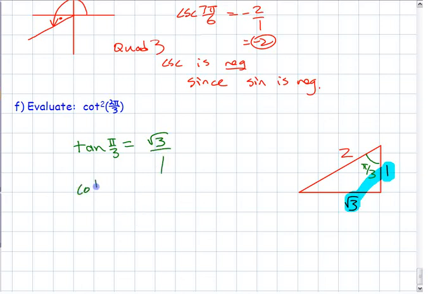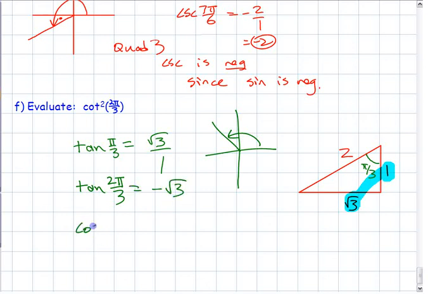So cotangent of, well, let's take our 2 pi over 3 first. 2 pi over 3 is in quadrant 2, over here. Since we're in quadrant 2, we get negative for tangent. If you want what cotangent of 2 pi over 3 is, it's going to be negative 1 over root 3.